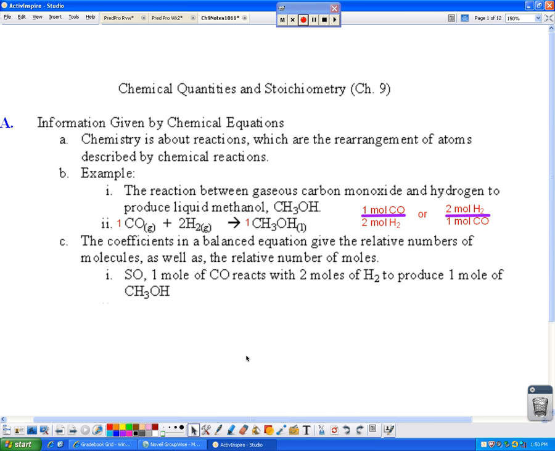So every balanced equation is really representative of the ratios of moles in the reaction. So the ratio from hydrogen to methanol would be 2 to 1. And the ratio of carbon monoxide to methanol would be 1 to 1. And that's 1 mole of carbon monoxide and 1 mole of methanol.